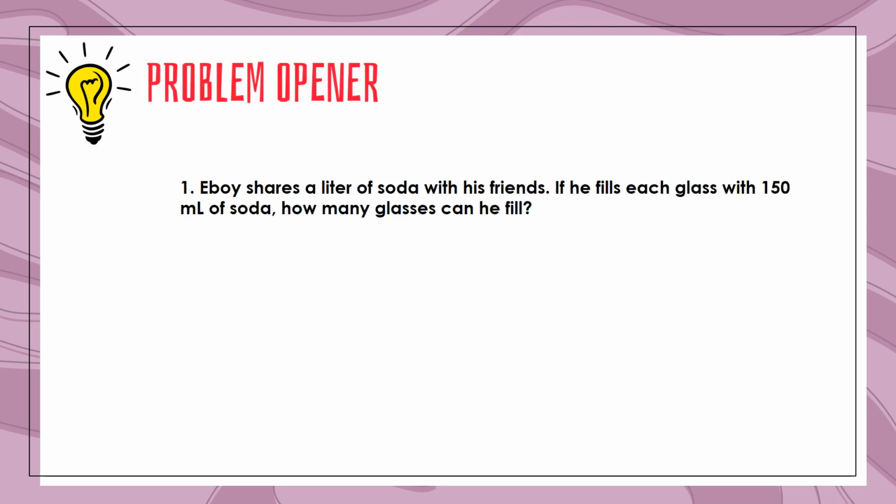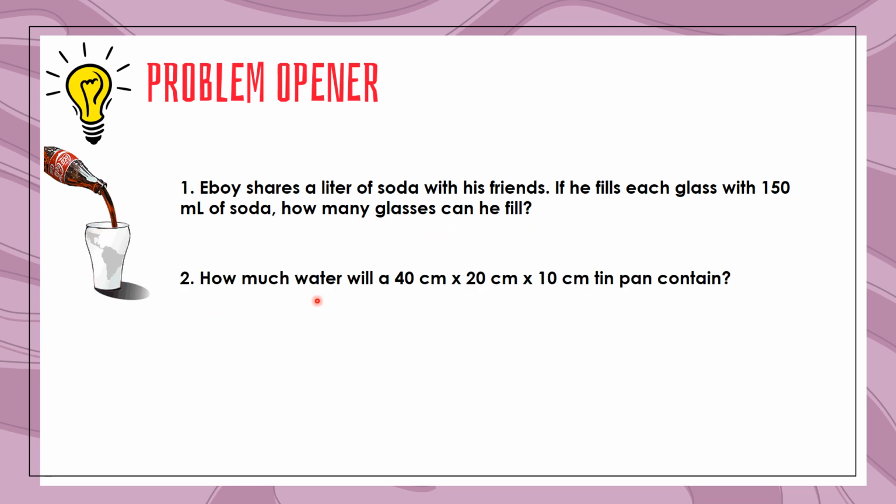Before we proceed with our discussion, let's have this problem opener. First, a boy shares a liter of soda with his friends. If he fills each glass with 150 milliliters or ml of soda, how many glasses can he fill? Second, how much water will a 40 centimeter by 20 centimeter by 10 centimeter tin pan contain?